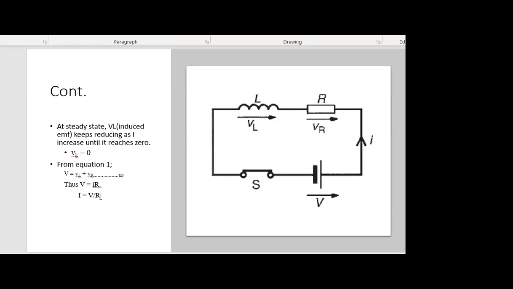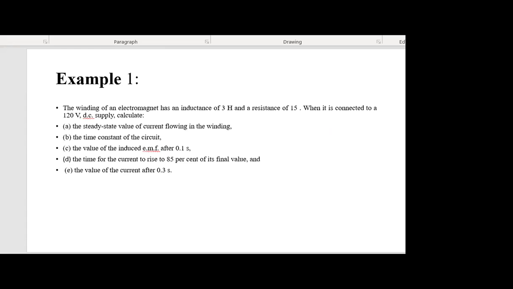I equals V over R. We have V, the DC voltage, we have the resistance. What is the question? Yeah, the current. So we look at the current. We have the resistance, we have the 120 volts, the DC voltage.